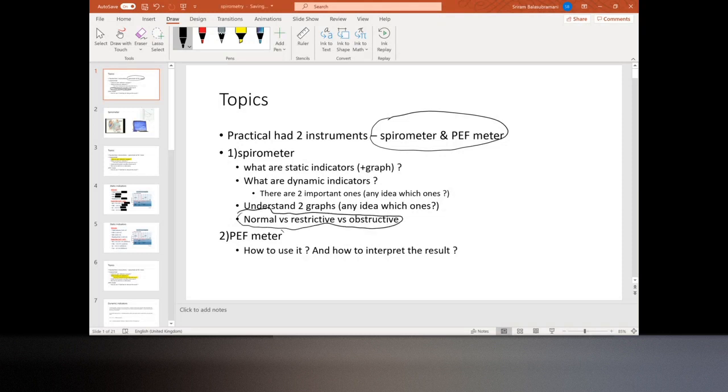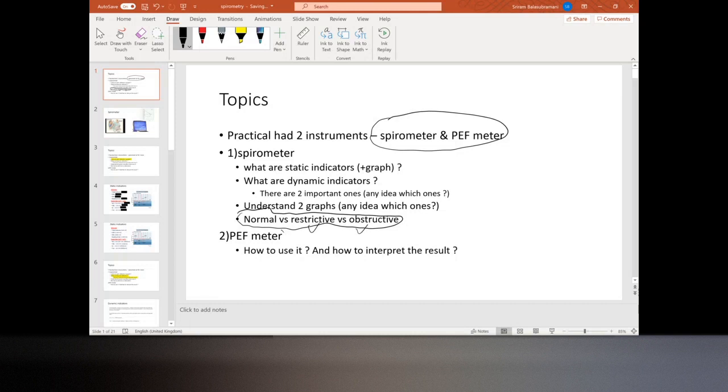We will use the PEF meter to detect any kind of disease, either obstructive or restrictive. And once we detect that the person has abnormal values, we will go to the spirometer to detect if it's restrictive or obstructive. This is the main idea.